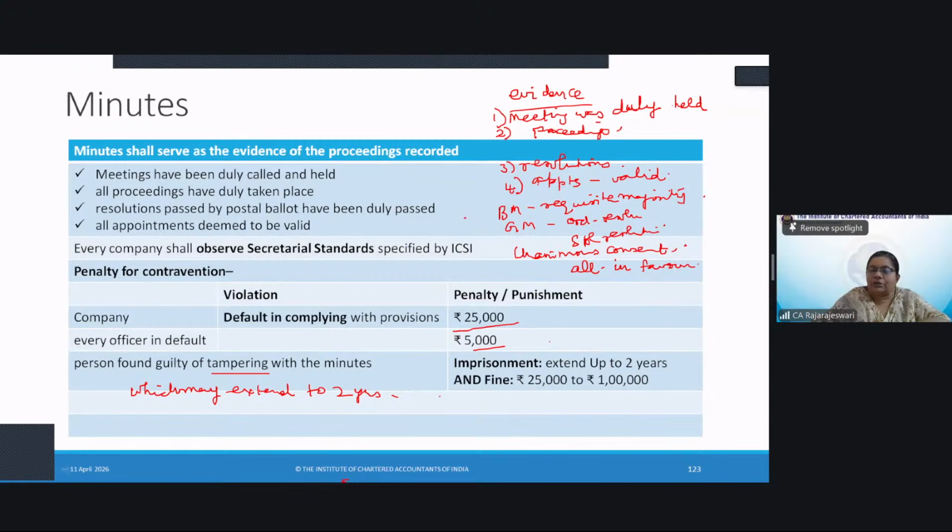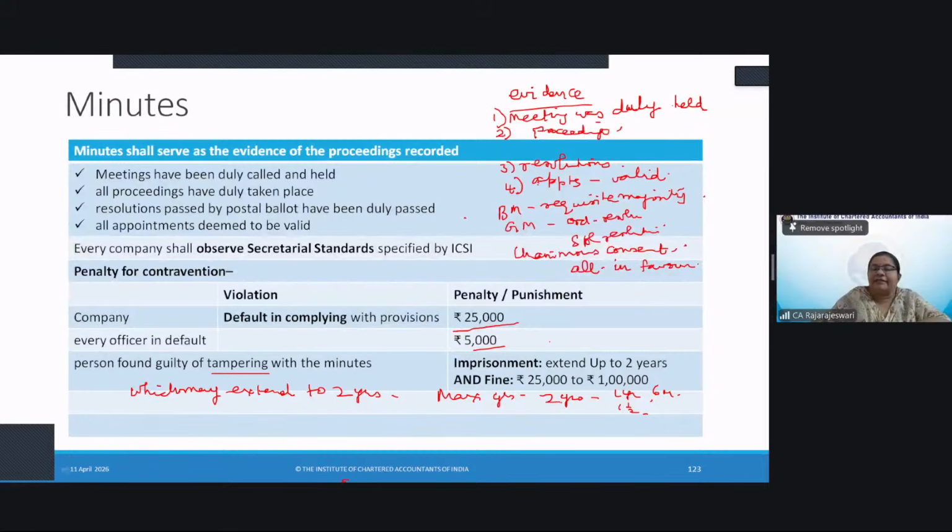The answer is wrong. The wording says which may extend to 2 years, meaning the maximum imprisonment is 2 years. It could be 1 year, 1.5 years, or 6 months. It could be anything. The maximum is 2 years. It will not go beyond that.